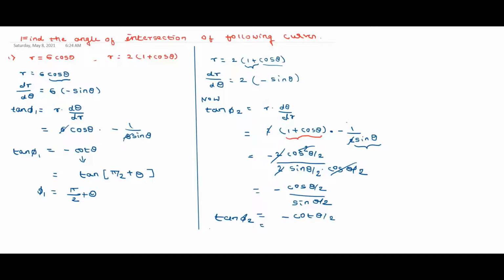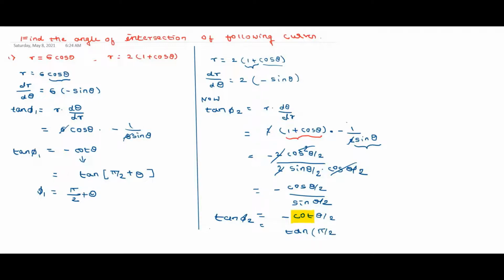Now we have to convert the right hand side cot in terms of tan, and to convert it in terms of tan, we can write it as tan 90 degrees. Tan 90 changes to cot.